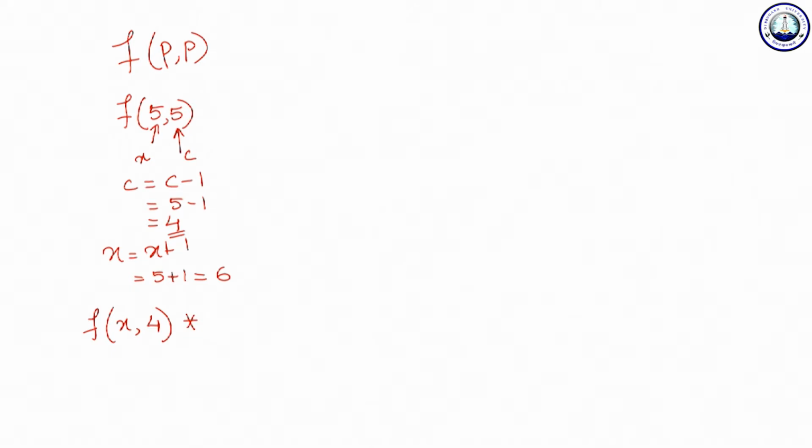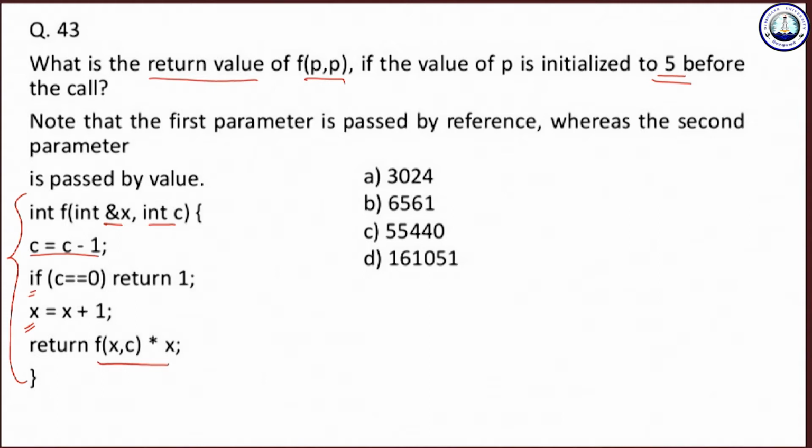Right now I won't be writing the value of x, I shall be only writing the value of c. Why? Because here one parameter is passed by reference and the other is passed by value.